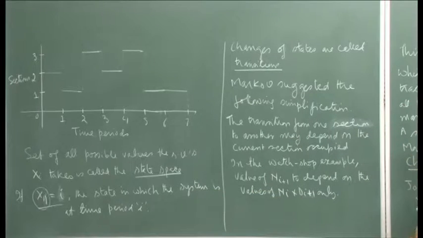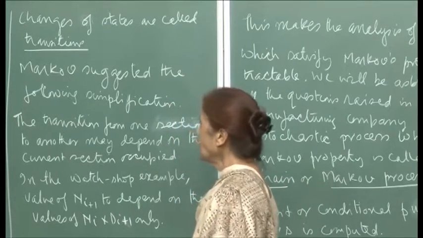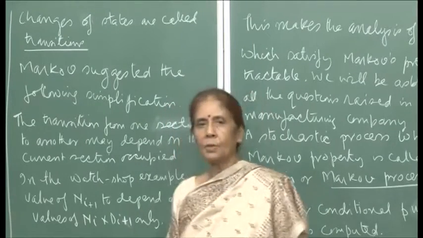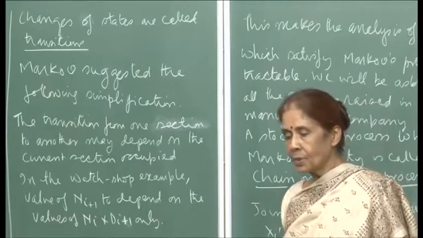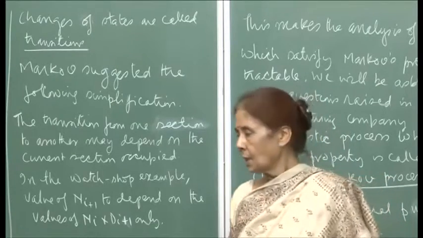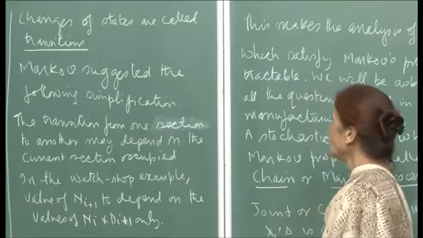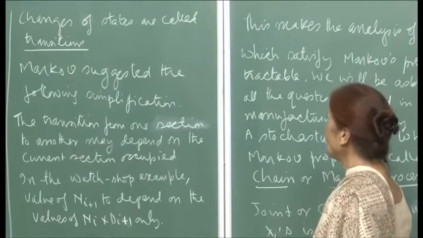There will be some sort of dependence among the random variables. Therefore, as I was saying earlier, it will be very difficult to have a combined joint density function of all the possible random variables which describe the states in which the system can be over a long time period, and so you cannot analyze or answer any questions about the process.